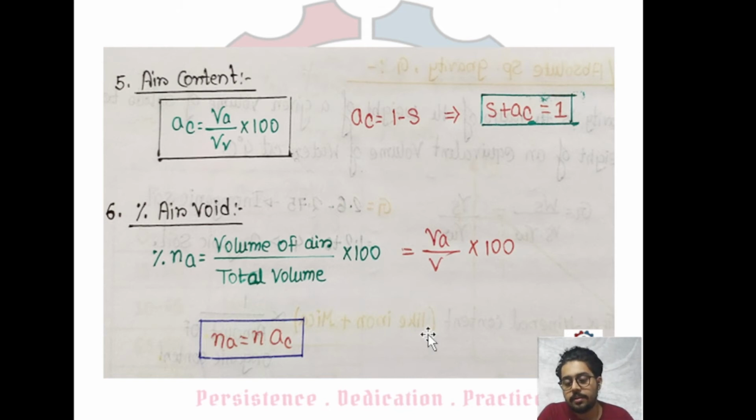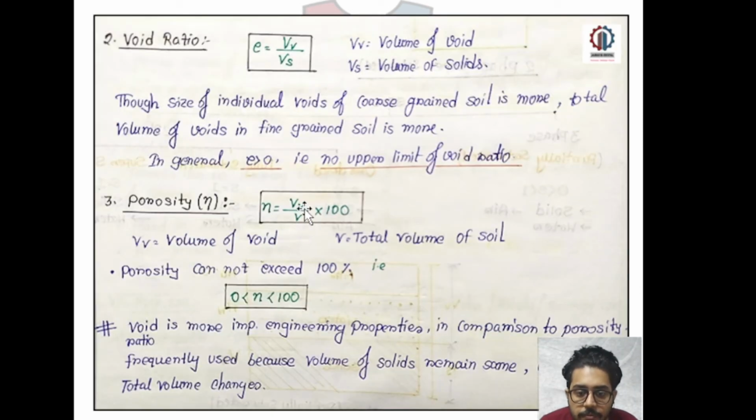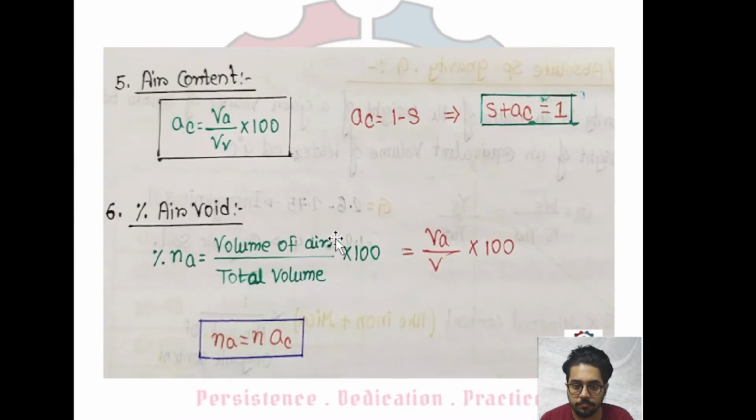Percentage air void is the ratio of volume of air by total volume into 100. It is represented by VA by V into 100. It is also represented by porosity into AC. We know porosity equals VV by V, that means volume of void by total volume.